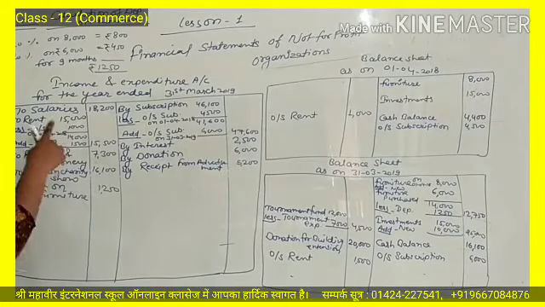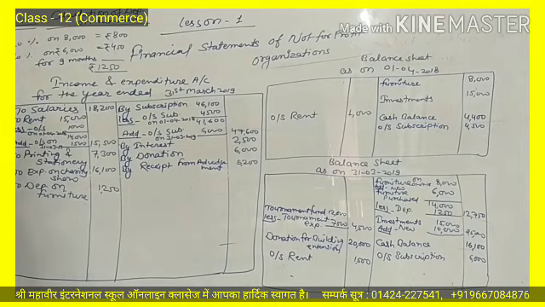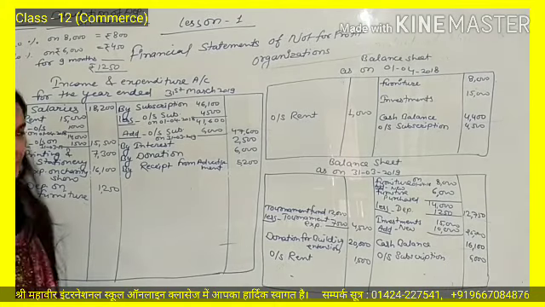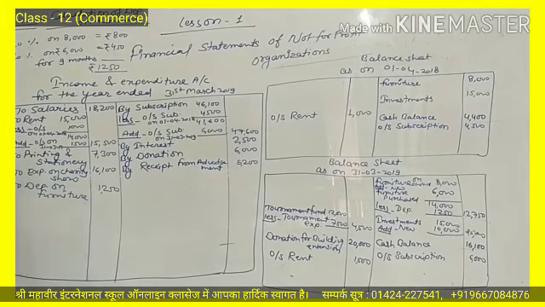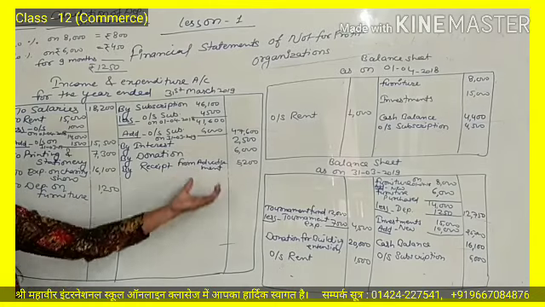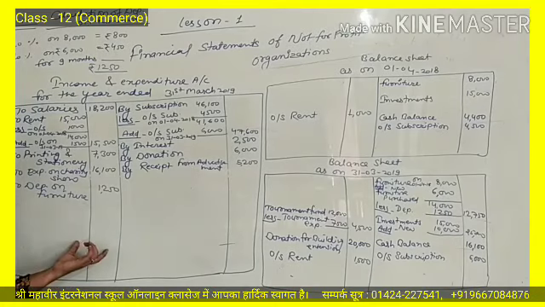First of all, you have to close the income and expenditure account. First check whether you are getting surplus or deficit. You have to check this process. By observing, it can be found that credit side income will exceed the debit side.